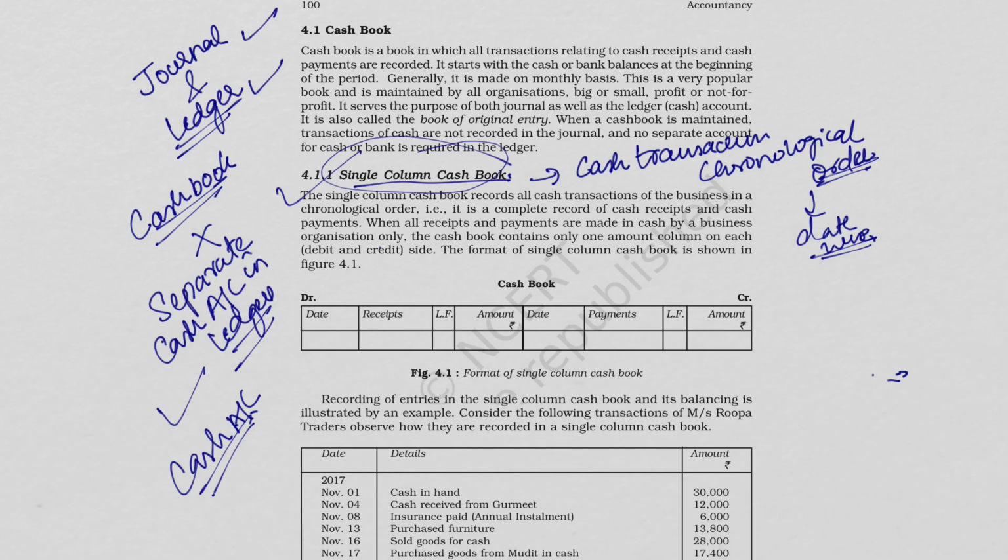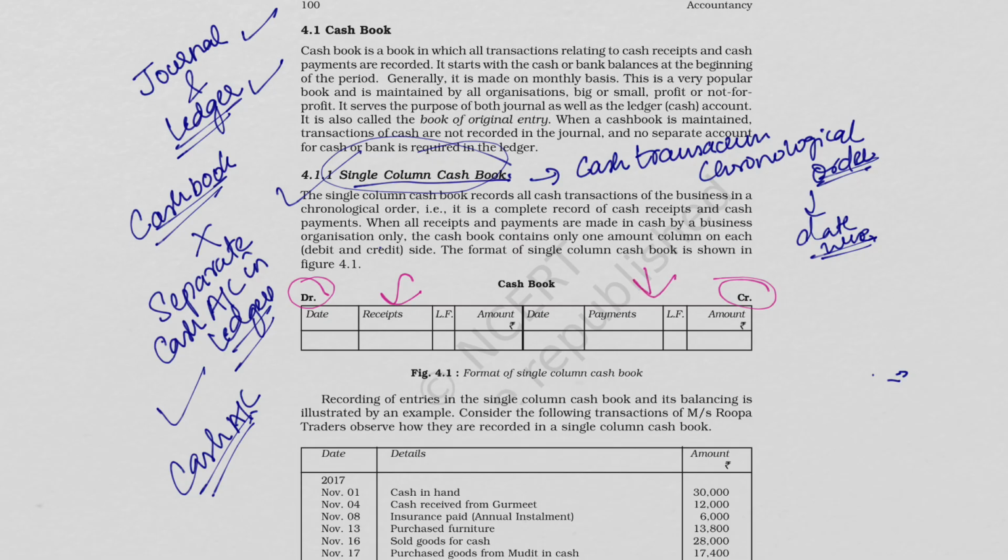It has only one amount column on each side. On the left side we have the debit side and the right side is called the credit side. The left side records all the receipts, the cash received, and on the right side, the credit side, all the payments are recorded, the cash paid.